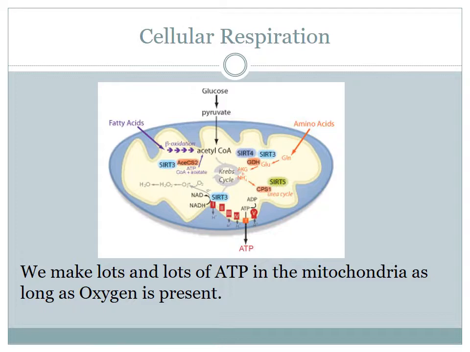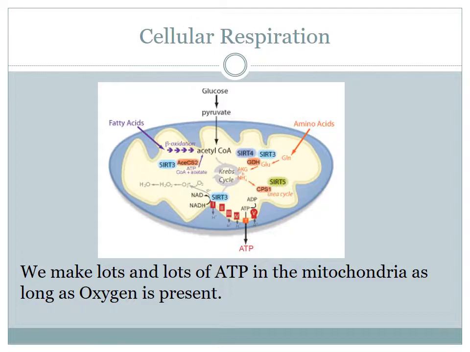And that releases 2 NADH. That pyruvate breaks down to an acetyl group. The acetyl group gets attached to coenzyme A to produce acetyl coenzyme A. So that's step 2, the breakdown of pyruvate. Step 3.